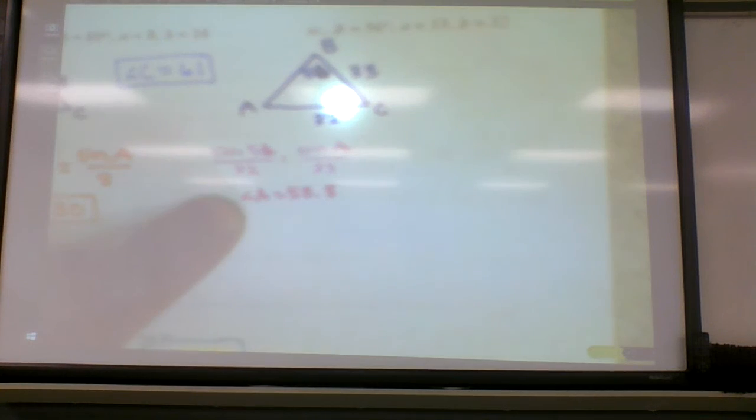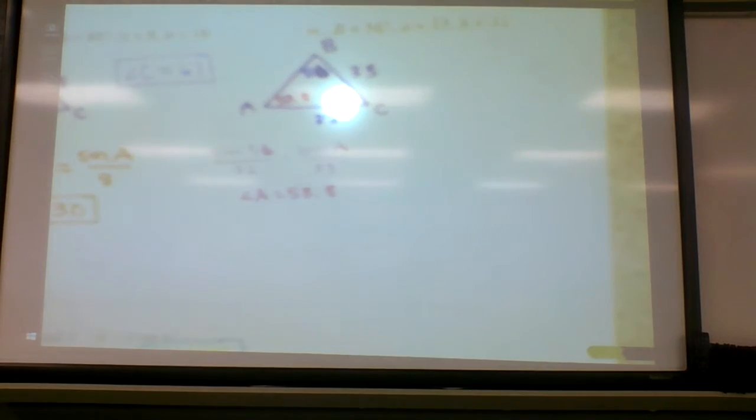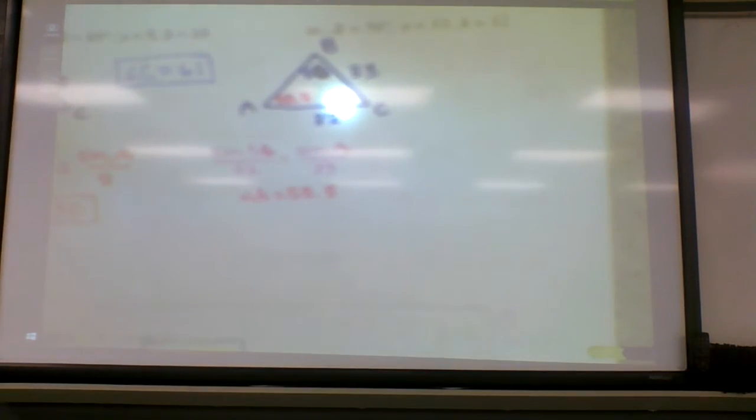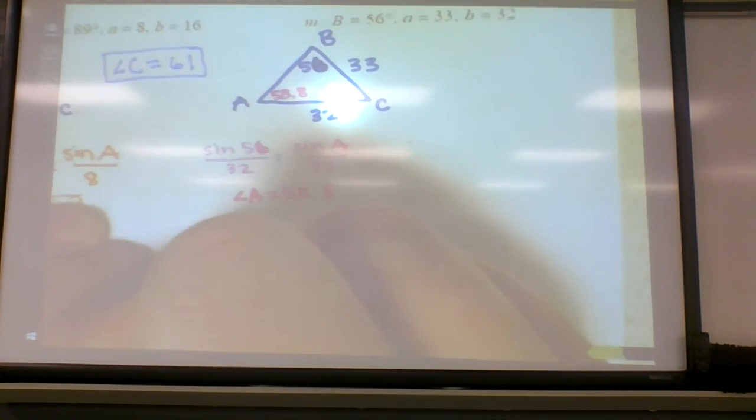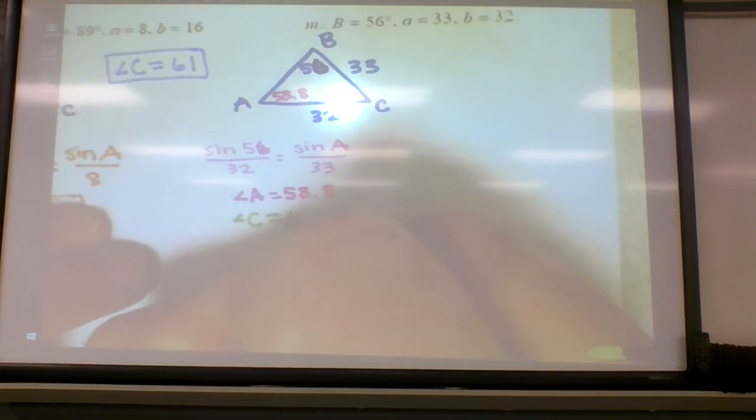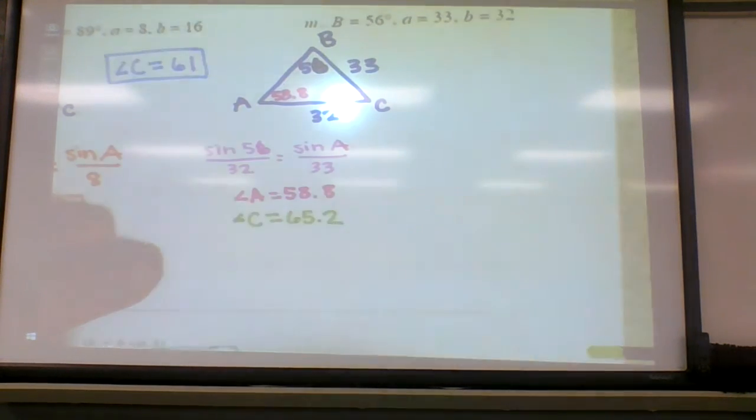If I know angle A is 58.8, how do I find angle C? Subtract from 180. So 180 minus 56 minus 58.8 means that angle C is 65.2.